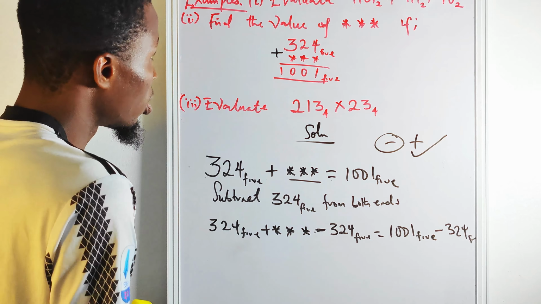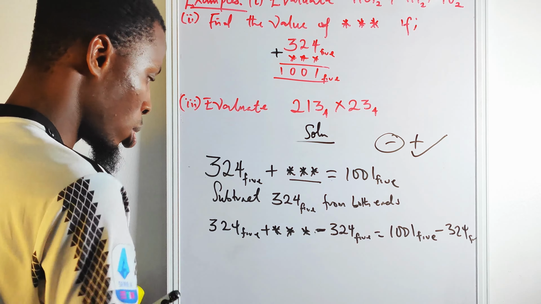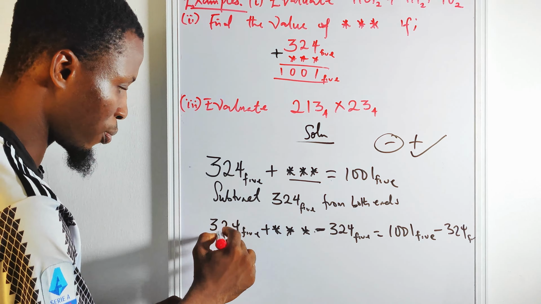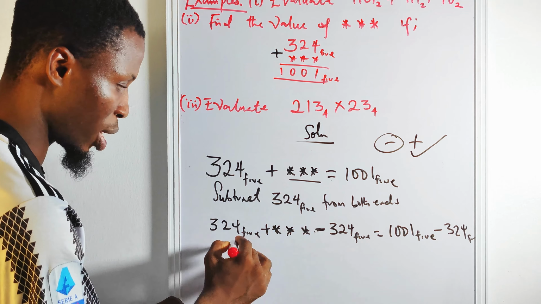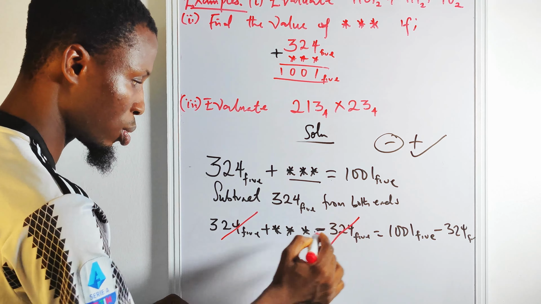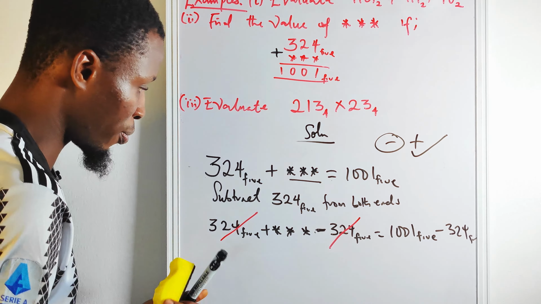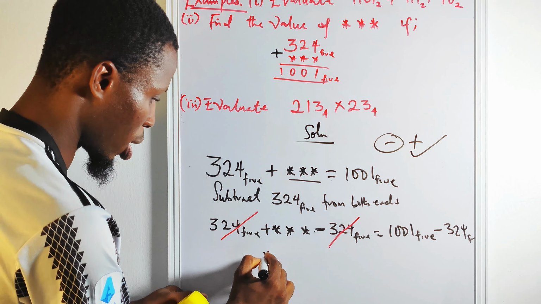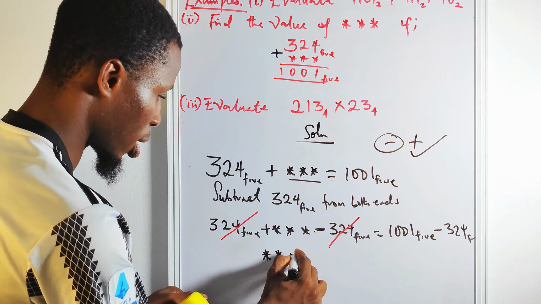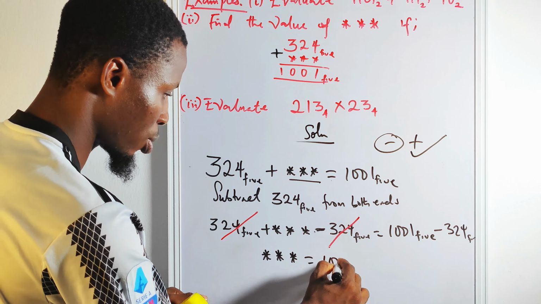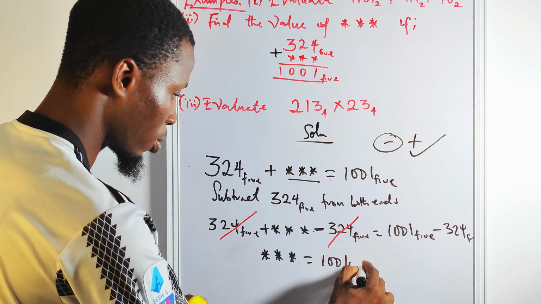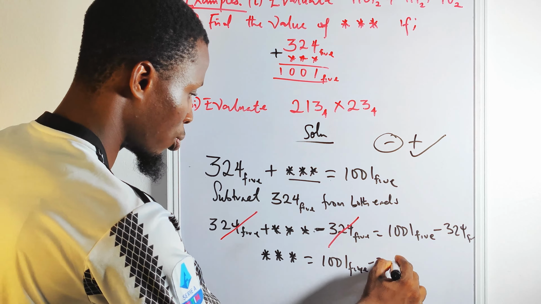Now you can see that we have 34, negative 34 here, so this can cancel this out. So what we are going to have is star star star equals 1001 base 5 minus 34.